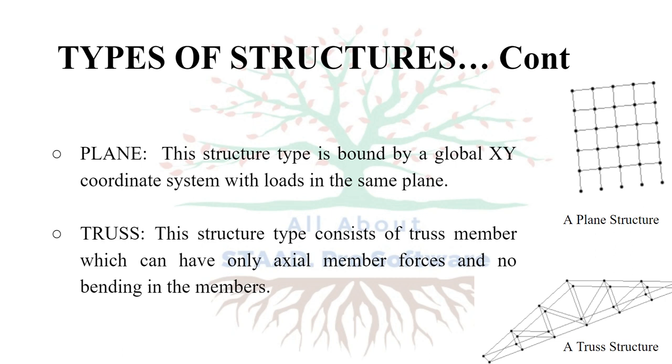We all see the truss works. If we want to model, analyze and design a truss, we want to choose the truss model. This structure type consists of truss members which can have only axial member forces and no bending in the members, and here there is no bending moment, only axial forces are analyzed.